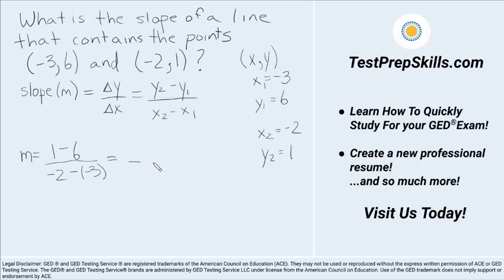Okay, so let's simplify this. Let's start with our numerator. 1 minus 6, well, that's just -5. We're going to take 2 steps to simplify our denominator now, okay? So we have this -2, and then we have minus a -3. So we need to get rid of these brackets, okay?